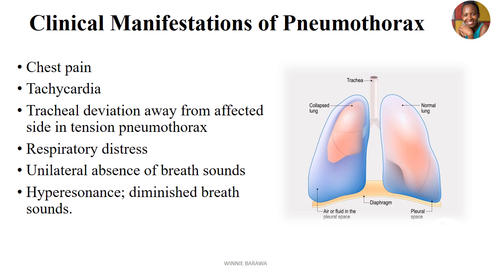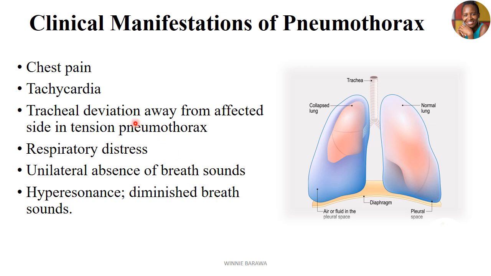On pneumothorax clinical manifestation, we describe pneumothorax as a condition where there is a wound or a hole in the chest wall that allows air to enter our pleural space and cause the lungs to collapse. When it comes to signs and symptoms, the client will present with chest pain, tachycardia, and tracheal deviation. In tracheal deviation, the trachea gets pushed towards the area that is not affected.